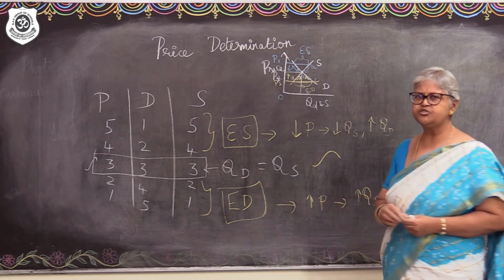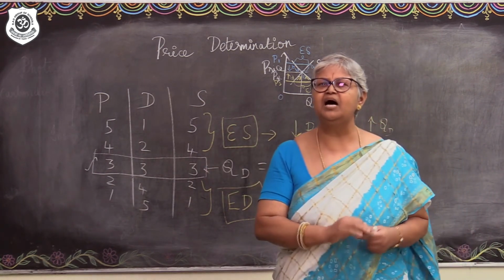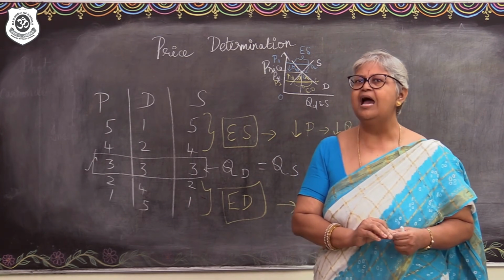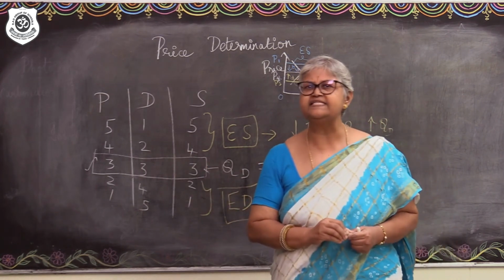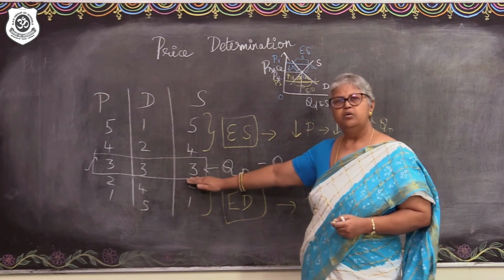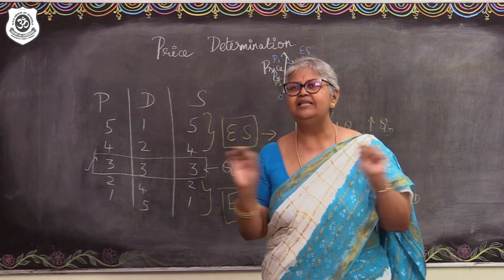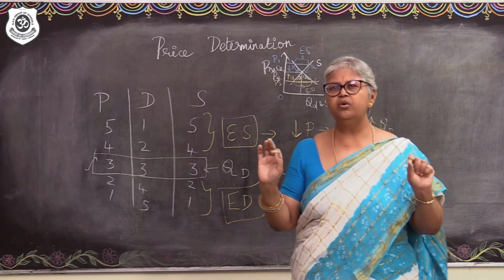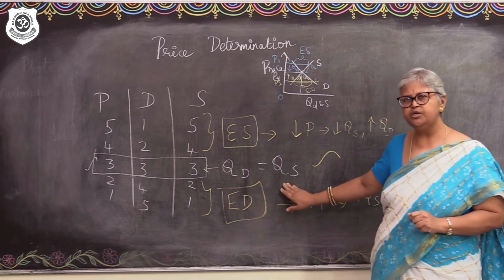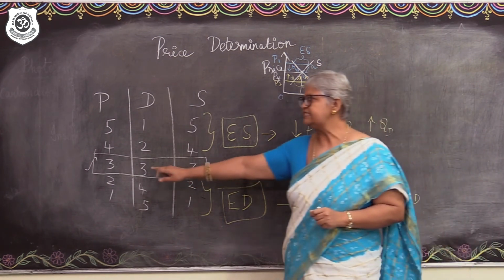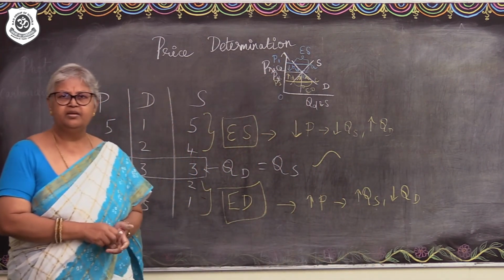So this chain reaction keeps happening whenever there is an excess demand or an excess supply situation, and only when the quantity demanded is equal to the quantity supplied, then the market will rest, or that is the equilibrium level in the market. Fine. There would be no reaction after that. Once the quantity demanded is equal to the quantity supplied, we understand that that is the equilibrium price at which the transaction might happen. Right?